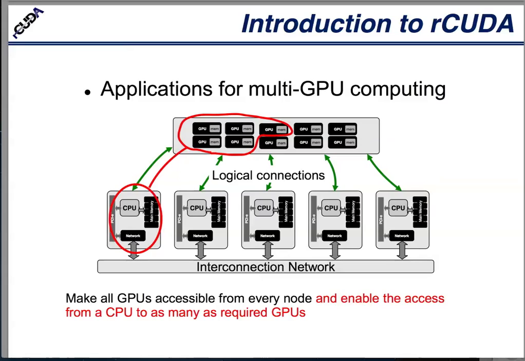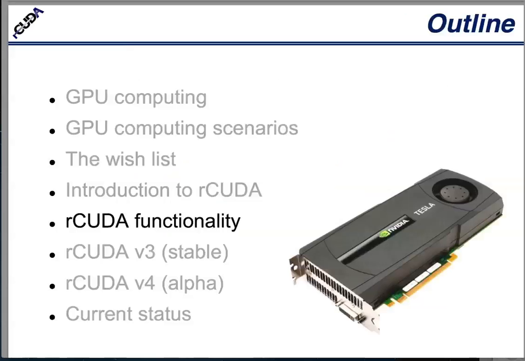So an application running in this node is not limited to the 2 GPUs directly connected in the node, but can use all the GPUs in the cluster. Then, once I introduce rCUDA, Antonio will give you more details about the internals of this tool.